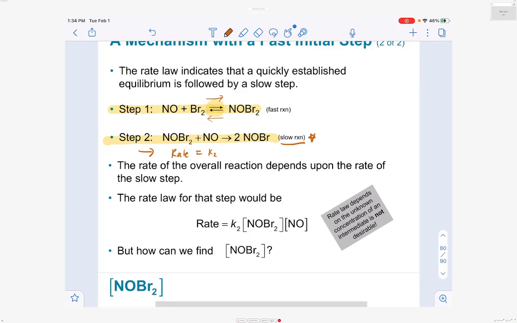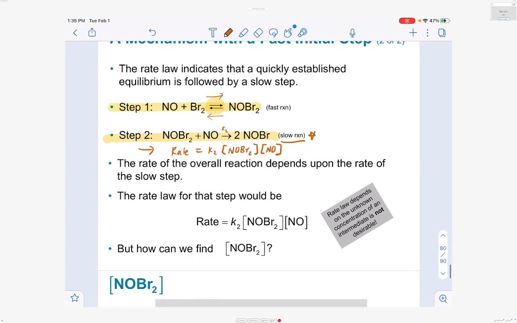K2, because it's the reaction constant from step two of the reaction. So I'm going to use the label K2. Okay. This is the rate law using step two. Okay.